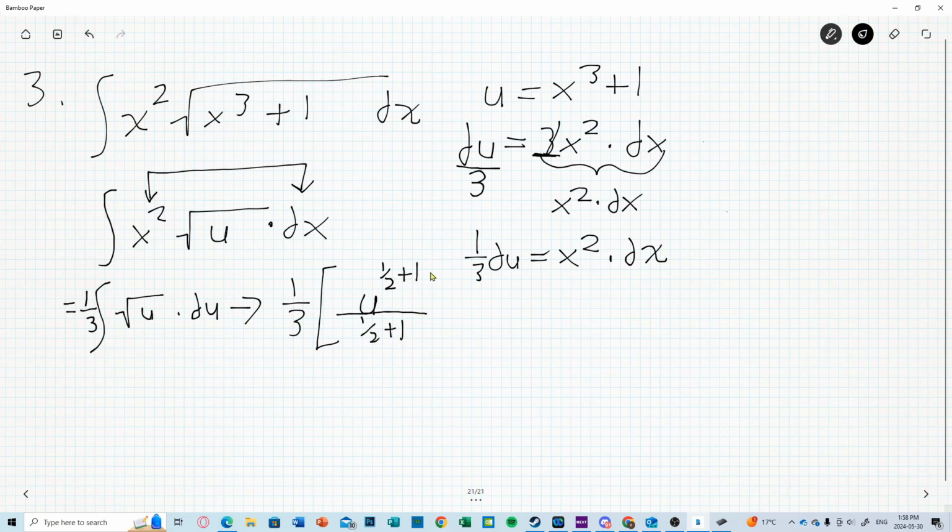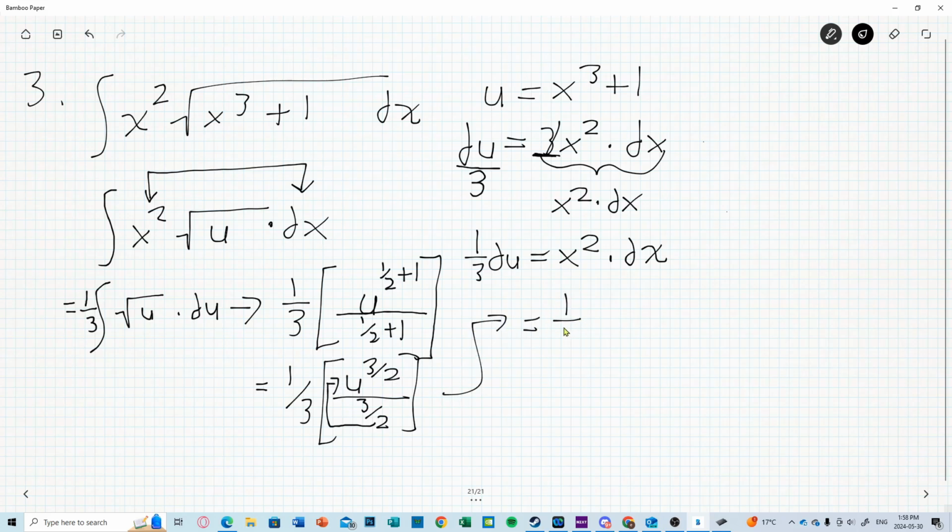And then the du goes away because we've done the integral. So this gives us 1/3 of u to the 3/2 divided by 3/2. And if you remember fraction rules, we could bring this 2 up top so that we get 1/3 of 2u to the 3/2 divided by 3.